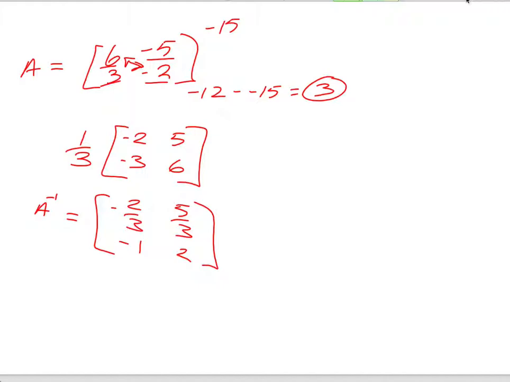You do not have to do that, but I'm going to do it so that you will see that we did it correctly. I'm going to multiply these two together, and I should get the identity matrix if we did it correct. So I should end up with a 2 by 2. Row 1, column 1, -2/3 times 6, -4.